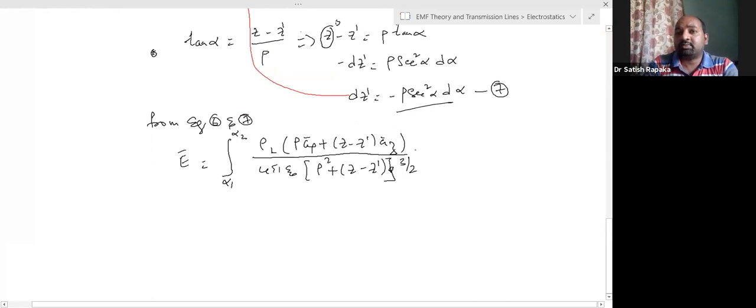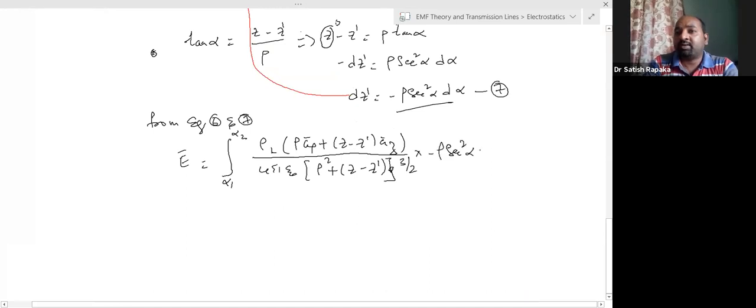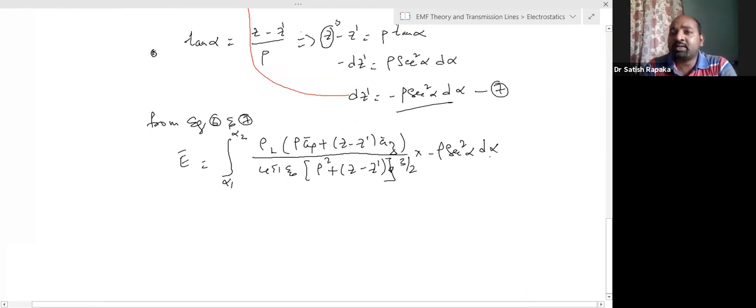substituting this into minus rho secant square alpha d alpha. As dz dash is converted into alpha, the limits for integration become alpha 1 to alpha 2.